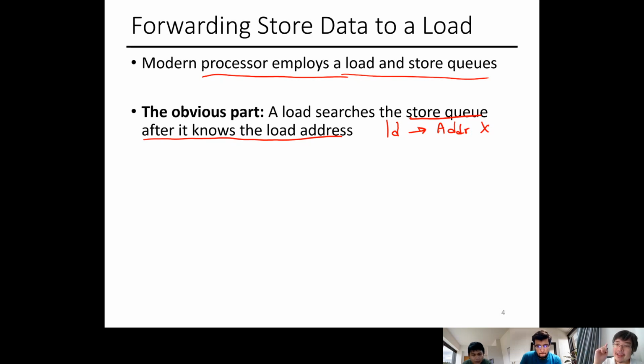The problem is with out of order, right? In an out of order processor, you can have a store to address X right here, and then another store, I don't know the address, and then a load to address X. Are there issues here? Are there going to be any issue when I have one older store that I don't know the address of, but then there's another store to X?